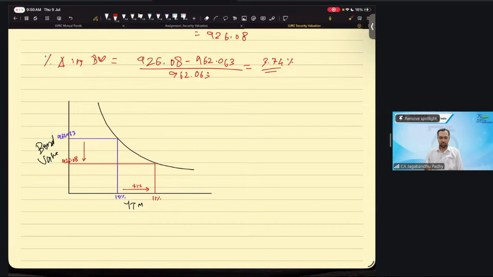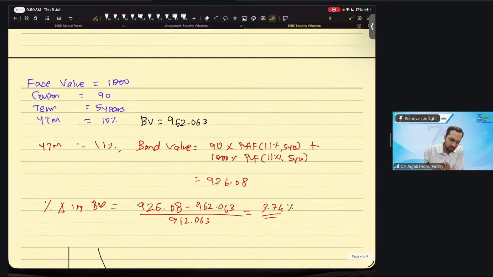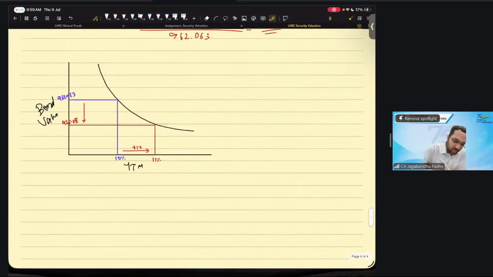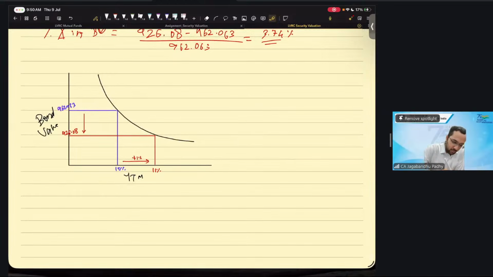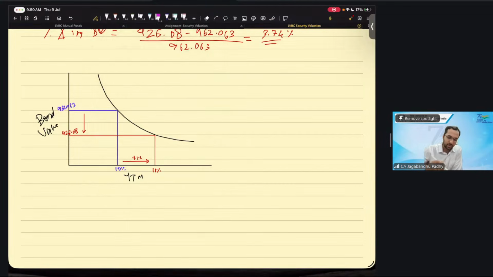But if you look at the modified duration, this is essentially a tangent line formed at your YTM.